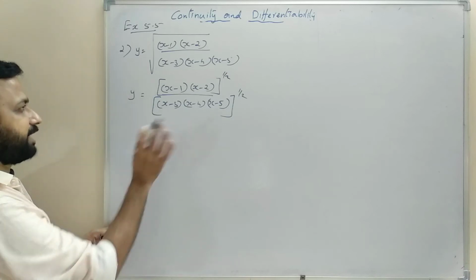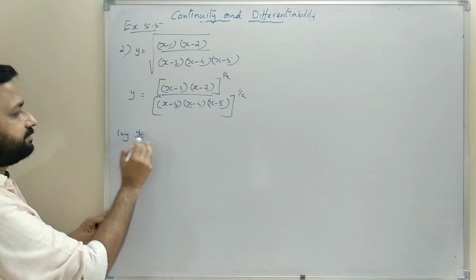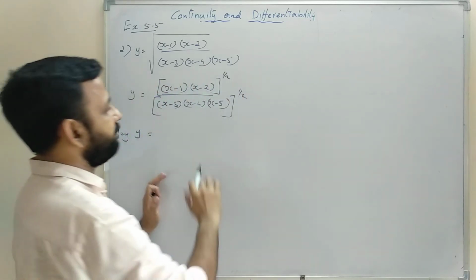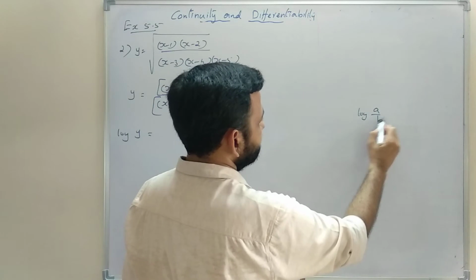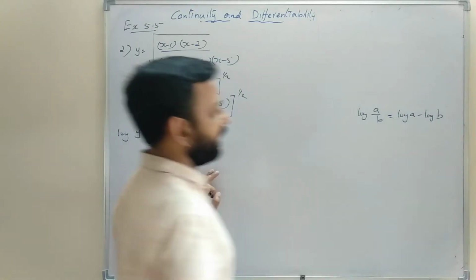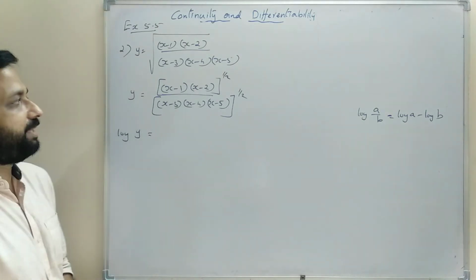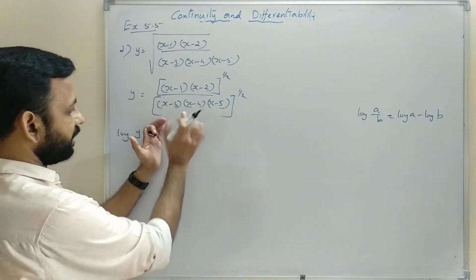Then taking logarithm on both sides, log y is equal to the logarithm of the RHS. Log A by B equals log A minus log B. So here log y on the left side and on the right side log A by B form.